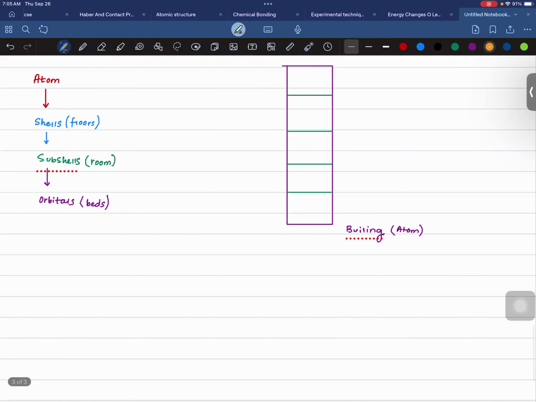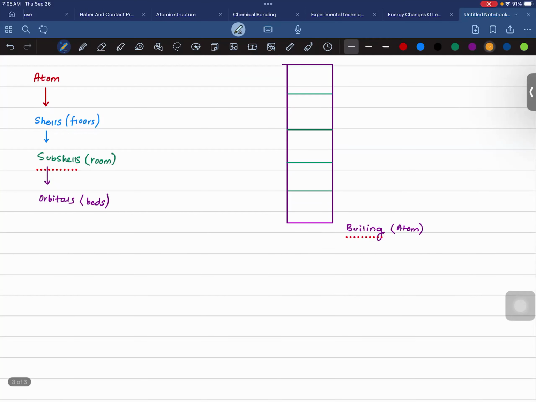Then I told you that we have different shells, 1, 2, 3, 4, 5, and so on.